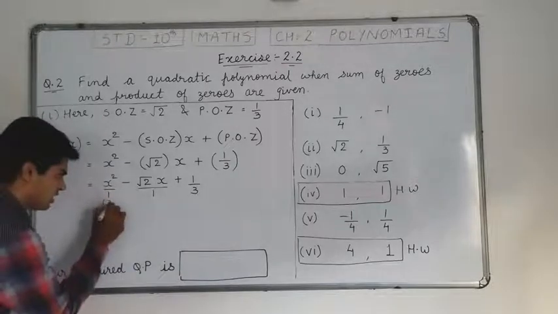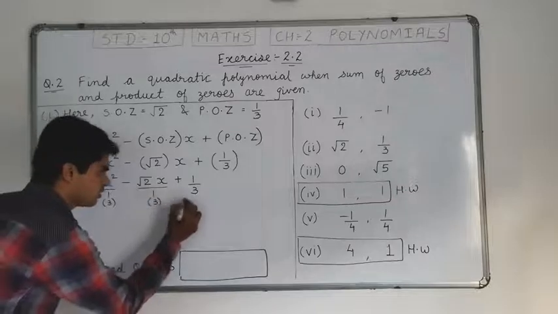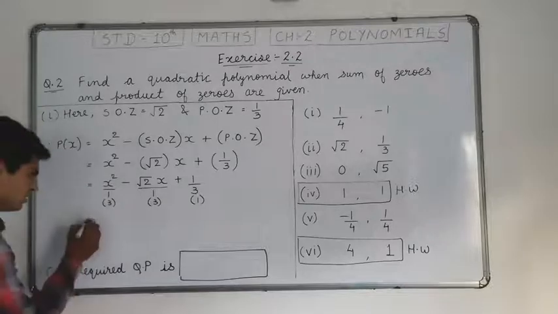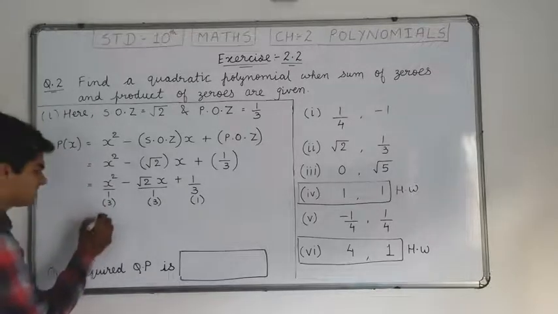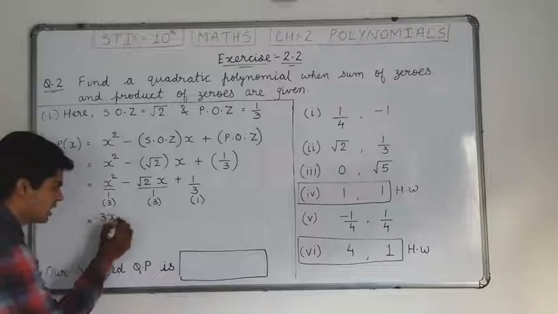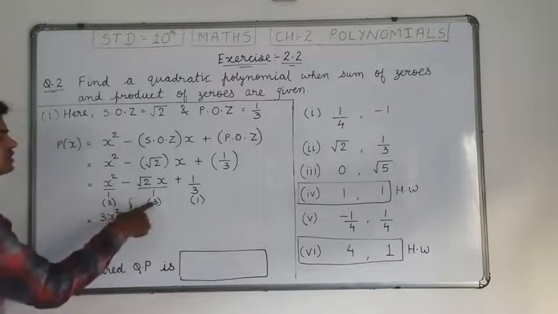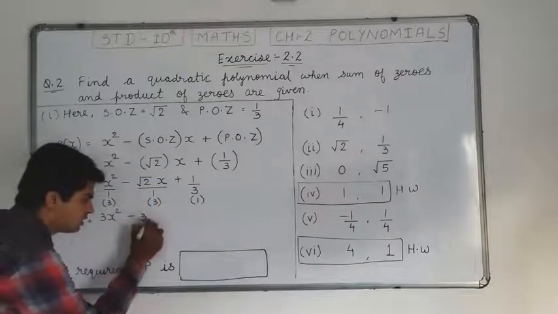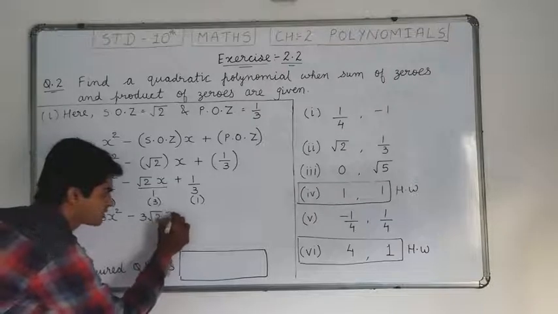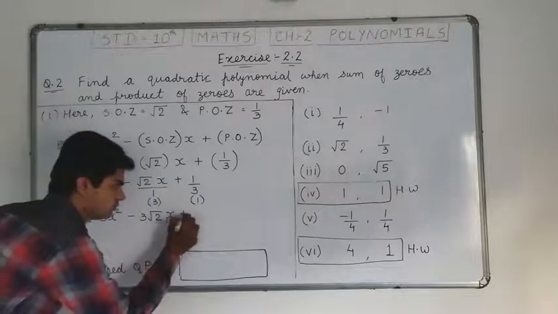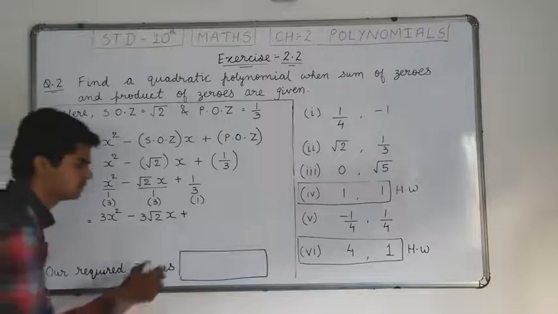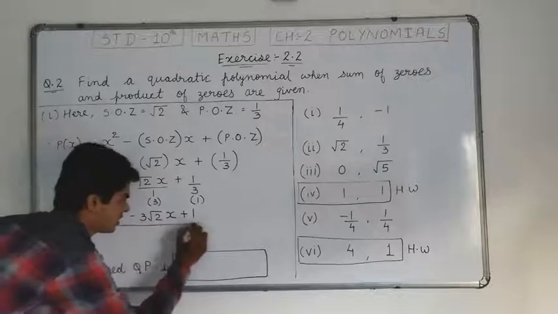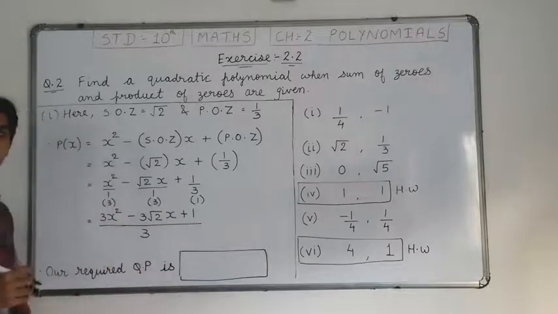So here 3, 3, 1. Now this 3 will be multiplied with numerator. So 3 into x square, it means 3x square, minus 3 multiplied with root 2x, it means 3 root 2x, plus 1 multiplied with 1, so it will be 1, and whole divided by 3 because 3 was your LCM.